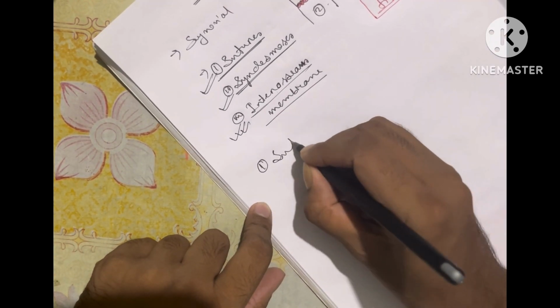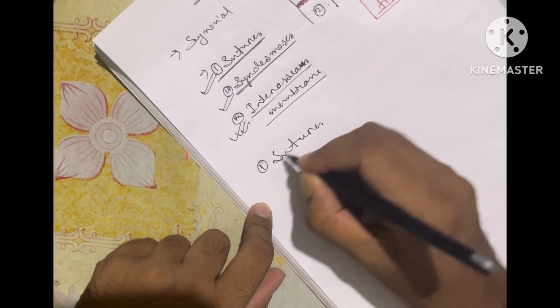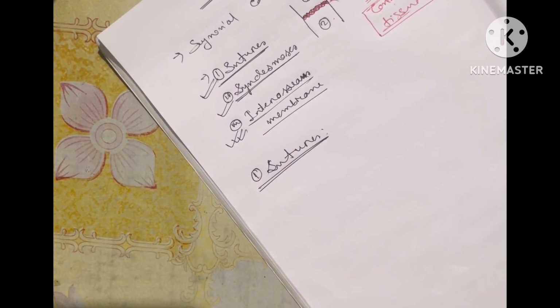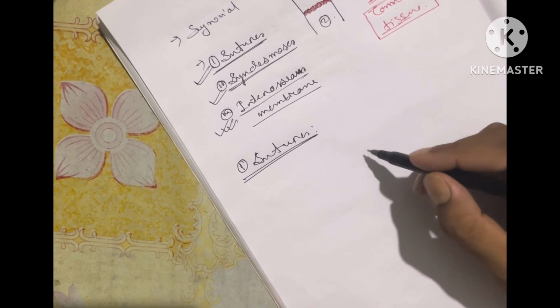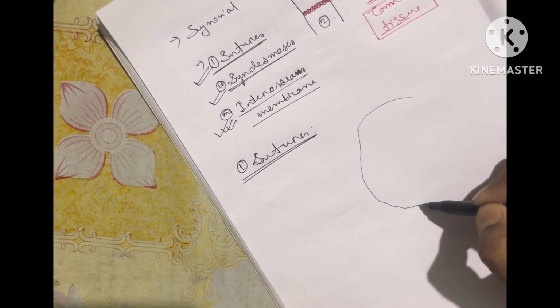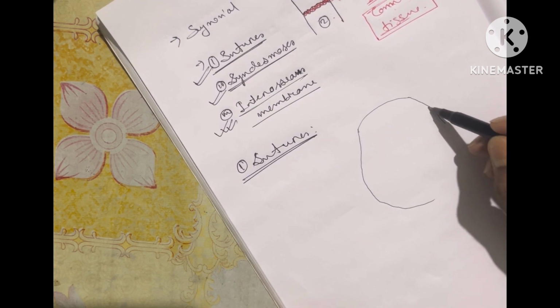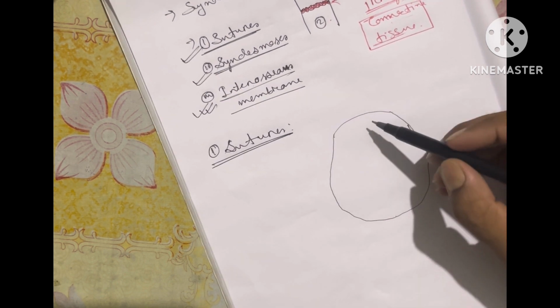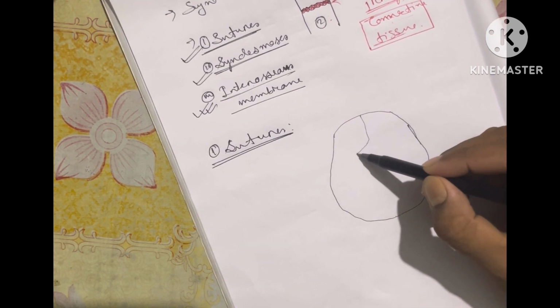What are sutures? Sutures are basically found in our skull. For example, this is our skull, and I am drawing the top view. If it is our skull, then we have sutures like this.